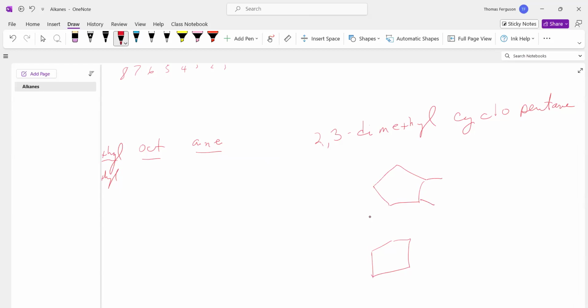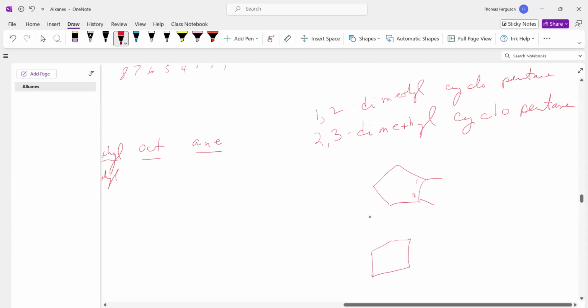Now, a better way to name that would be 1,2-dimethyl cyclopentane. So that way you'd start your numbering here instead of over here.